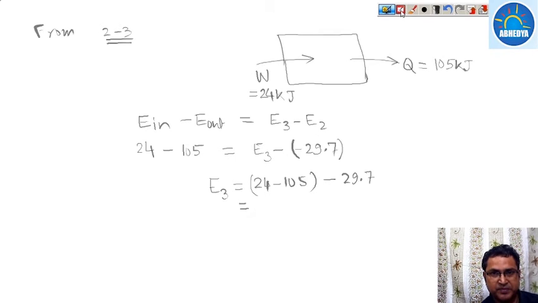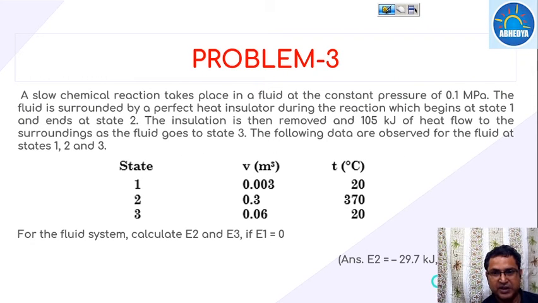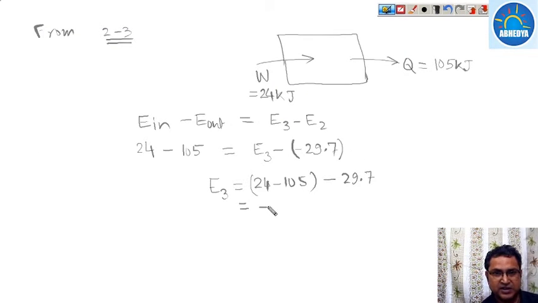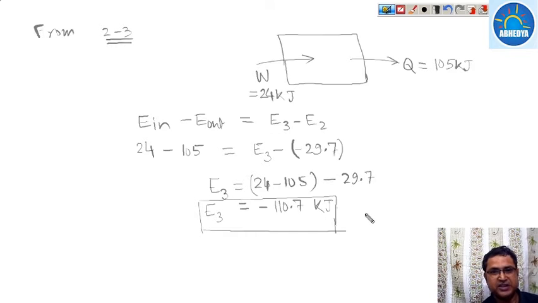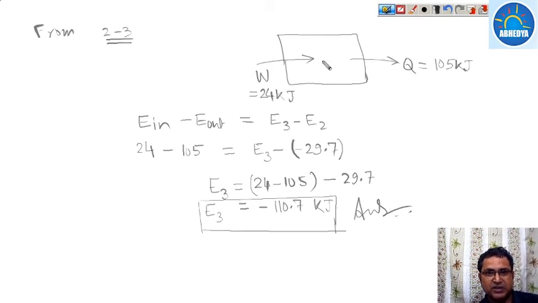Once you calculate it, it is minus 110.7 kilojoule. So this much is the internal energy of the system at state 3. So this is the process by which we have calculated how much heat has been transferred, what the work transfer is, and how much energy is transferred.